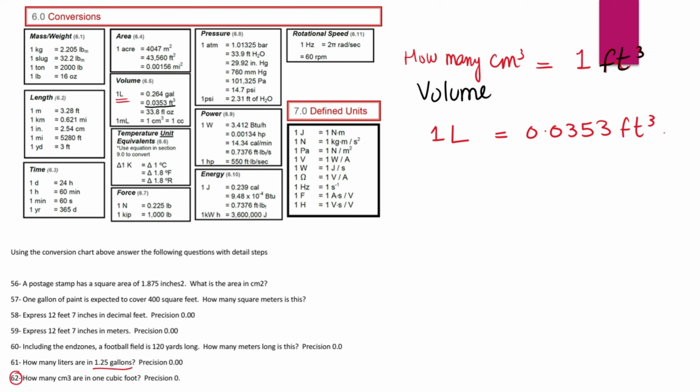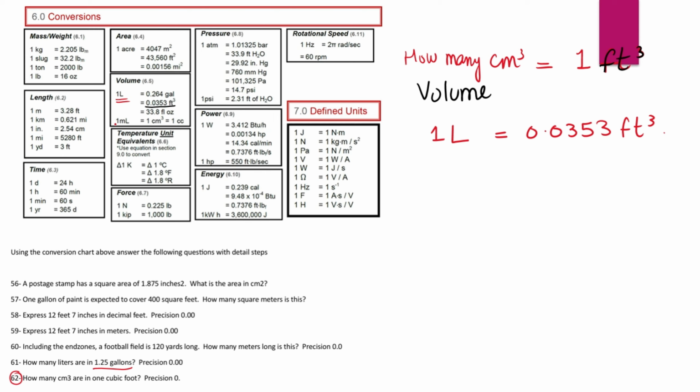So there is a problem. We need to find it in centimeter cube. So feet cube, the conversion is written for 1 liter. So we need to see whether there is any unit which is useful in our case.